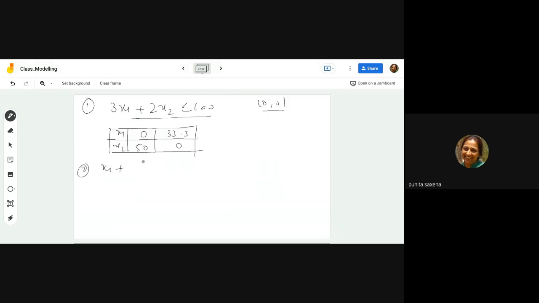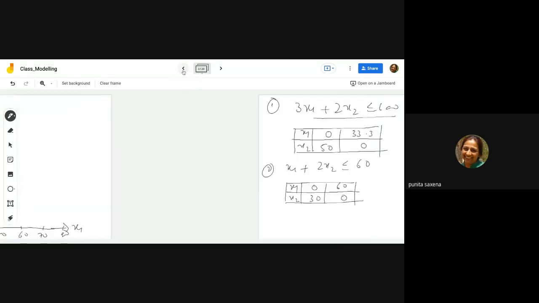Now, the second is x1 plus 2x2 less than or equal to 60. What will be the 2 points? You have x1, x2: when x1 is 0, x2 is 30, and when x2 is 0, x1 is 60.